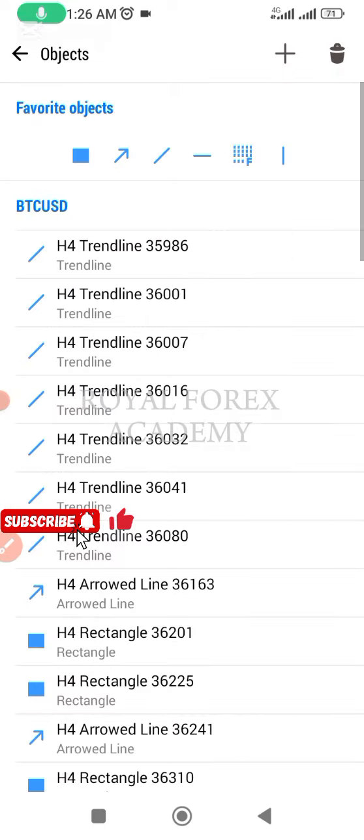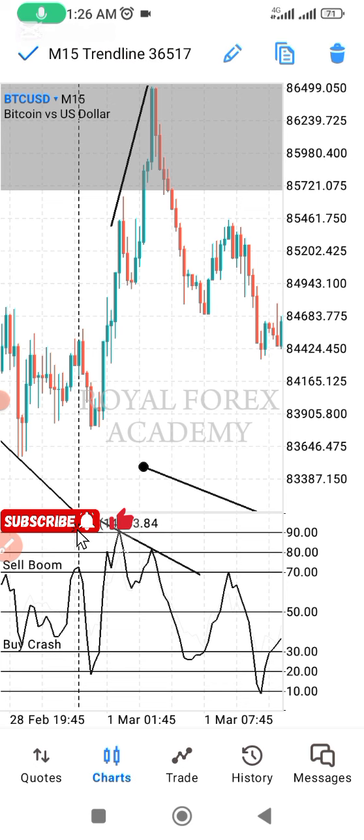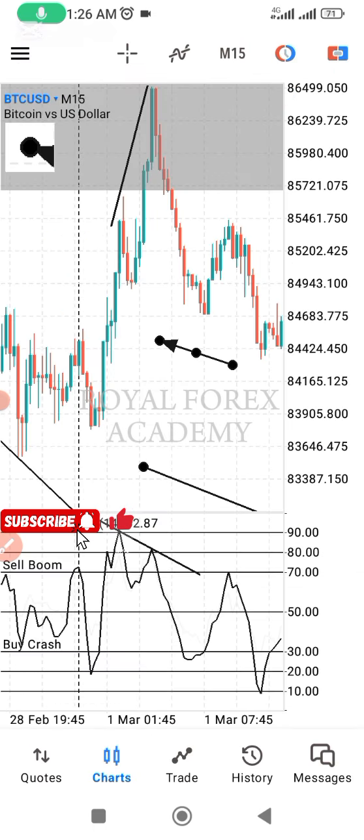And I always say that one of the ways to identify the end of a pullback is always looking for a divergence. So look at this zone. Immediately price pulls into your point of interest, which is this zone. What do you want to see?